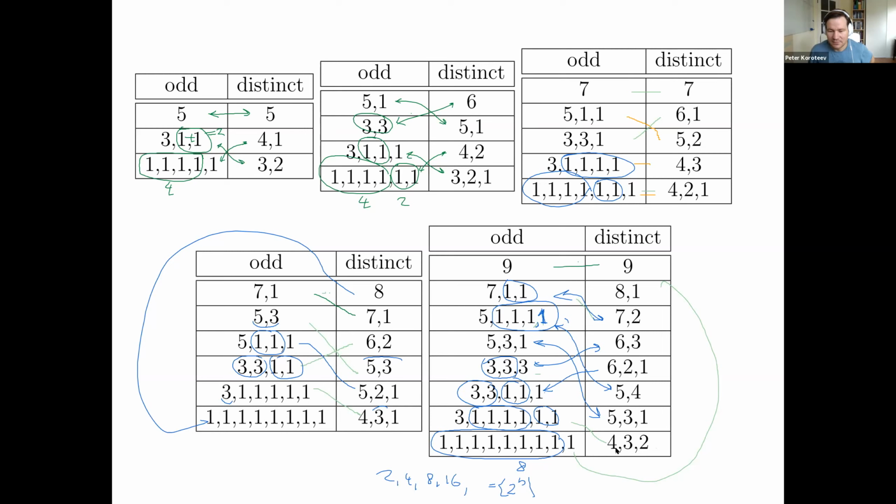In fact, you can use this to go backwards, right? You would combine them into powers of 2. For example, we start from the left. Say we take those two ones together, so they give us a 2.